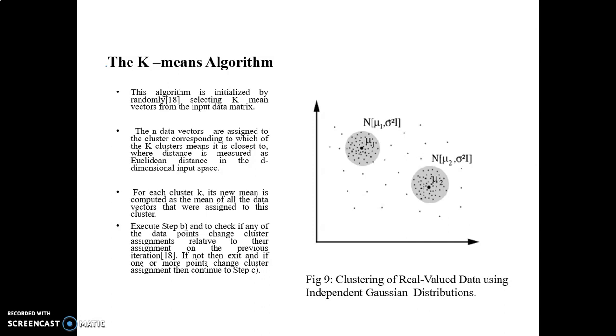Based on our interested region we are forming the cluster, and based on the cluster we are extracting the values from that area and calculating the mean value. That's why it is called the k-means algorithm.